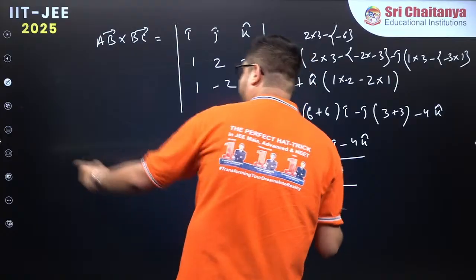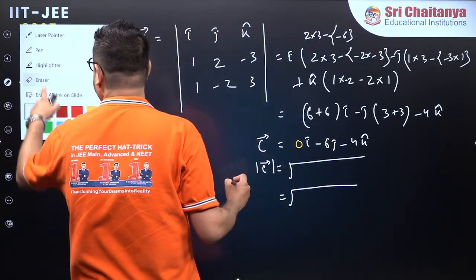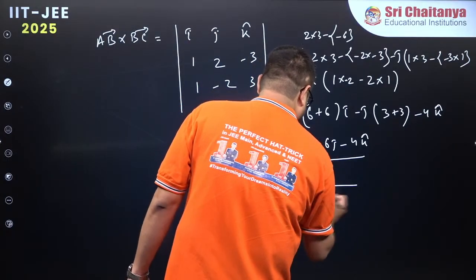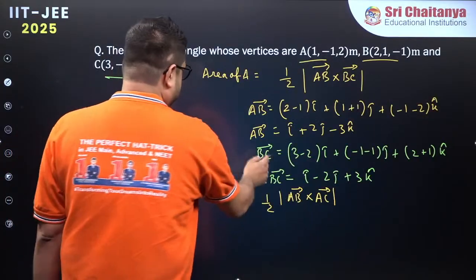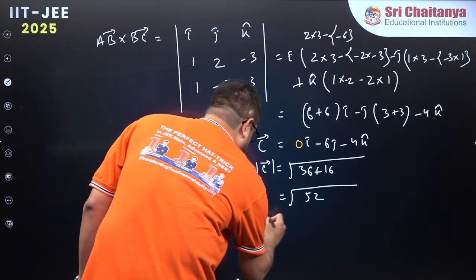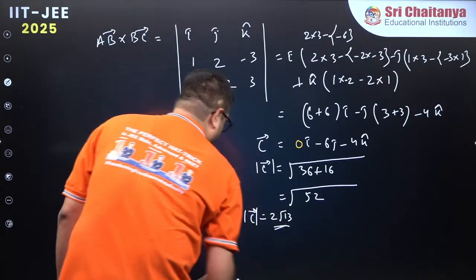Really good, really appreciable, I will say. So how much are you going to be getting? That is 36 plus 16, which is going to be equivalent to root 52. And we are trying to perform half into AB cross BC, right? Root 52 can be written as what? 2 root 13, isn't it? You can write mod C as 2 root 13.